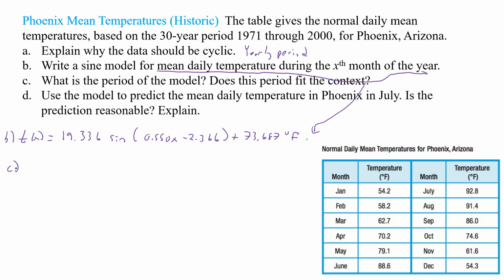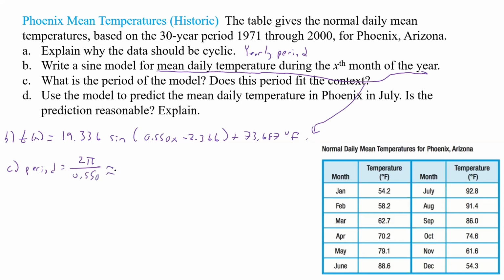Now C, what is the period of the model? Notice it says the model and not the context of the thing. So does this period fit the context? Because those are two different things. So our period, remember, is equal to 2 pi over b. Well, b is 0.550.